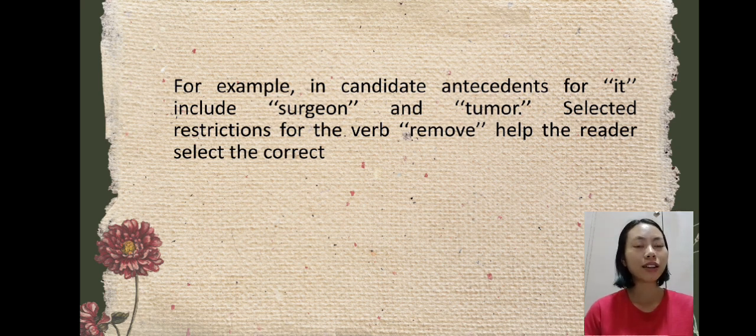The candidate antecedents for it include the surgeon and tumor. Selectional restrictions for the verb removed help the reader select the correct antecedent, which is the tumor, because obviously we can't remove the person.